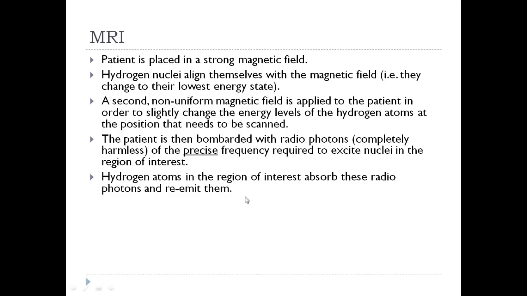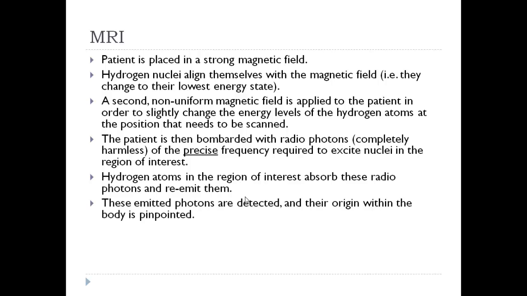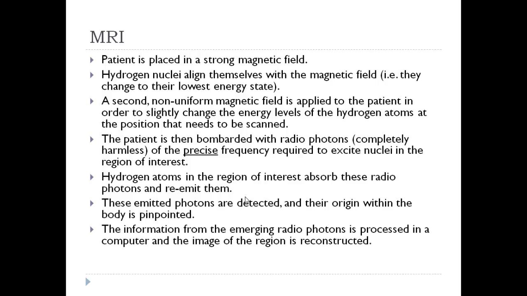These hydrogen atoms then absorb the radiophotons and re-emit them. And the emitted photons will then be detected and their origin within the body can be pinpointed. And the information that we get from the emerging radiophotons is processed in a computer, and we can reconstruct the image of that region.